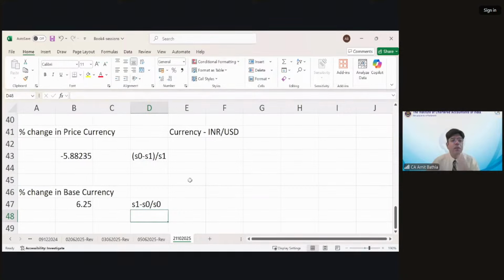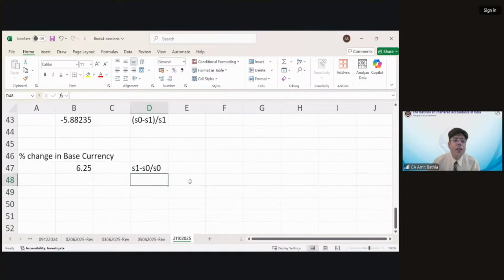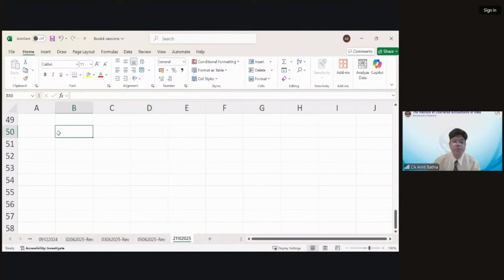All right. Now that we have calculated appreciation and depreciation, let us try to calculate how to go from appreciation to depreciation. Let me take a different example. Say there is a currency which has appreciated by 5%. Let me take it as INR upon USD.